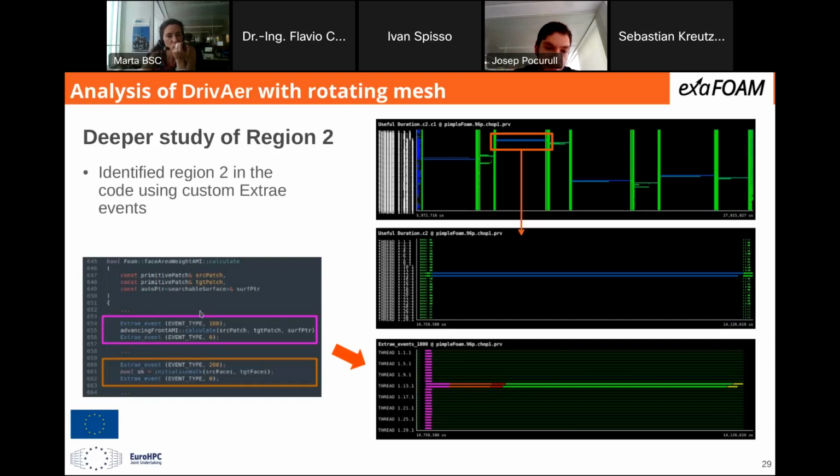Here you put some custom events like 100 and 200, and when you open it with Paraver, the view paints the events with different colors. With that, we can go to the developers and tell them what the problem is, and they can more easily correct it or identify it, and so on.